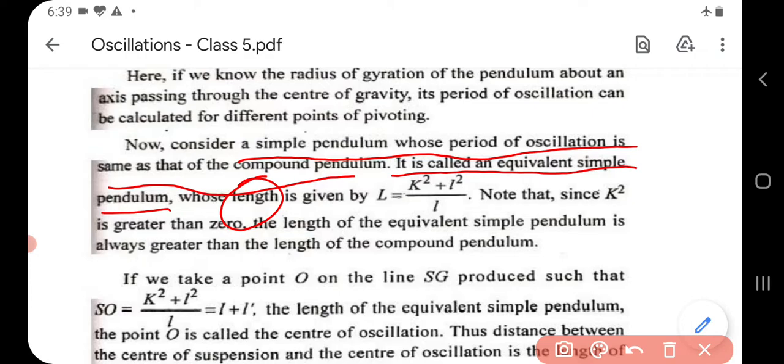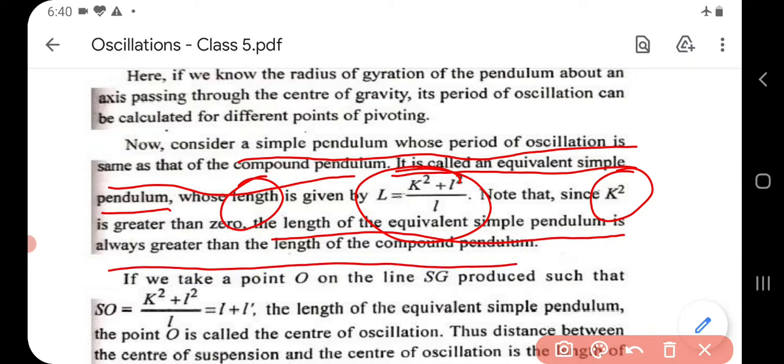Its length is given by this expression, that is capital L is equal to (k square plus l square) by l. Now here k square is greater than 0, so the length of the equivalent simple pendulum will always be greater than the length of the compound pendulum. Why?